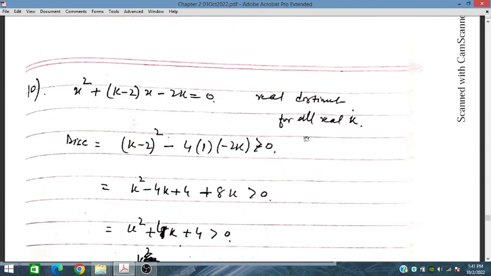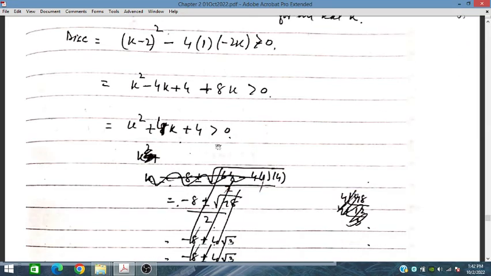Similarly, for problem number 10, we have two distinct real roots. For distinct real roots, we have to get the condition on the value of k. So this is b square minus 4ac, where c is minus 2k.